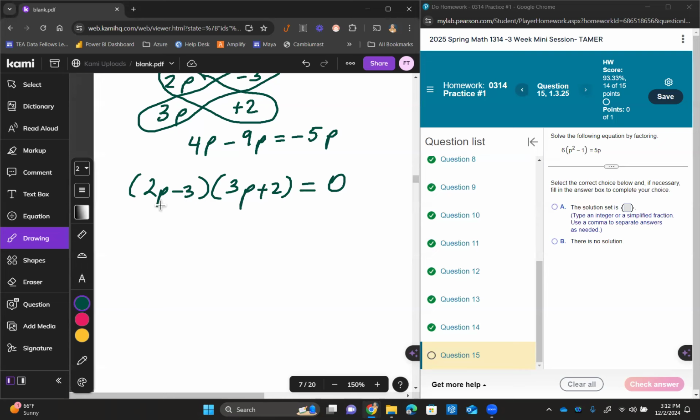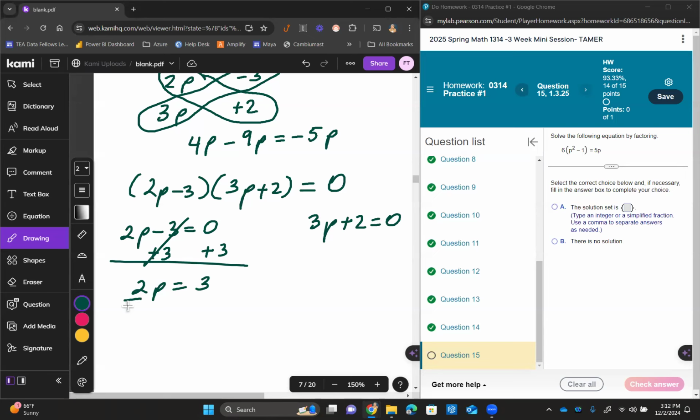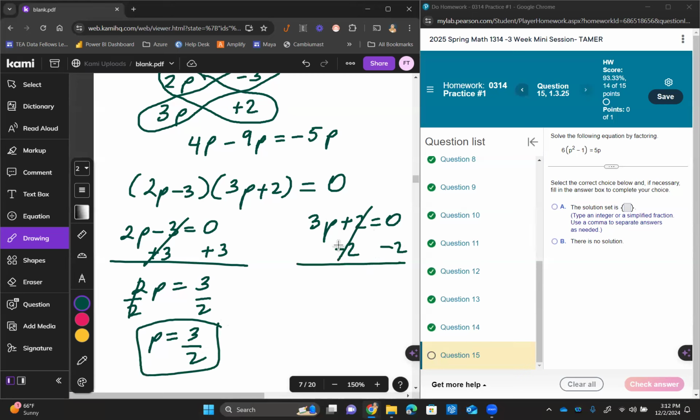This is only possible if 2p minus 3 is 0 or 3p plus 2 is 0. To solve for p here, we're going to add 3 on both sides. 2p is equal to 3, and divide each side by 2. This gives me p equals 3 over 2. Now here, subtract 2 from both sides. 3p is equal to negative 2.